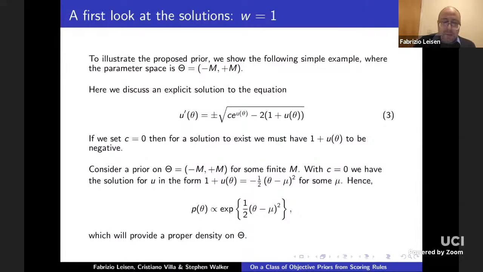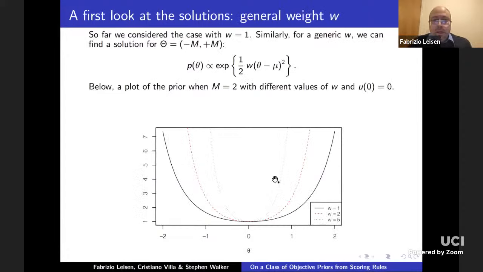This prior can be normalized, and so we get a proper density. This is quite an easy case because we are able also to provide a solution when we consider a generic weight. And the solution doesn't change too much, so we have this w in the argument of the exponential that multiplies theta minus mu to the square.